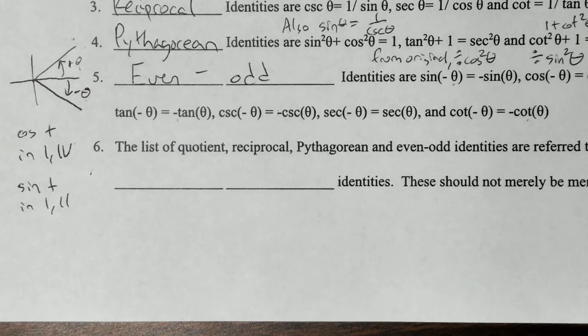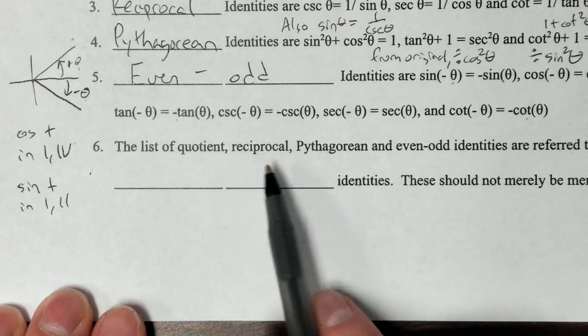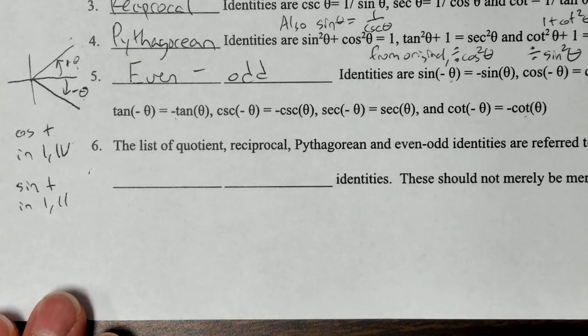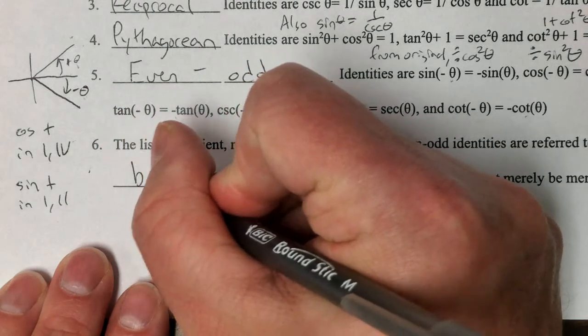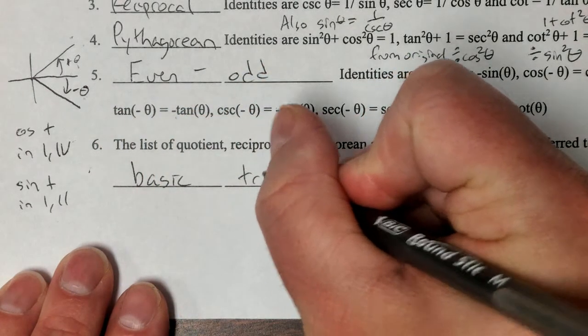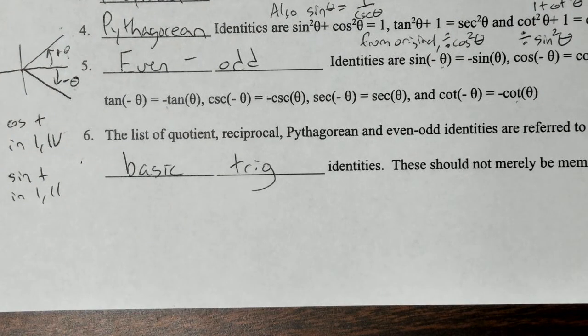Again, this is just a really good summary of things we've been doing. Number 6, the list of quotient, reciprocal, Pythagorean, and even-odd identities are called the basic trig identities. The harder ones we're actually going to skip.